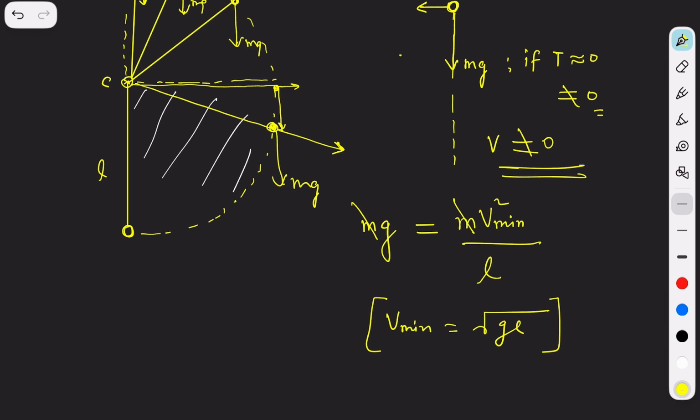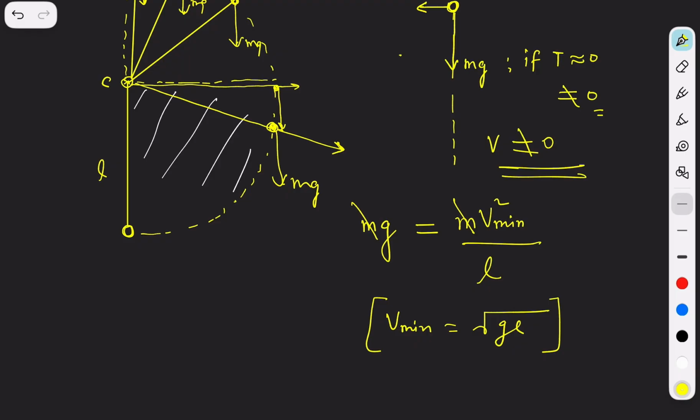The string has not slacked yet, but if we don't provide any minimum velocity there, then due to this mg, the body is going to slack. So with all this, cumulatively we have understood that you should follow the centripetal condition, and the tension should be nearly equal to 0, so that the string does not slack.